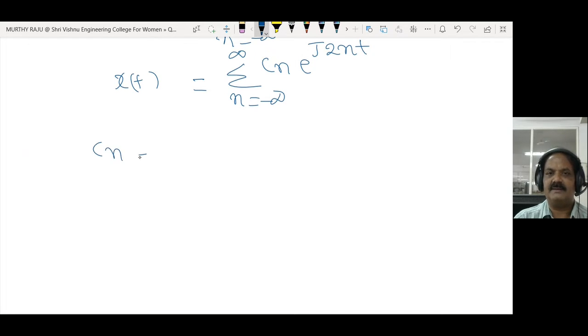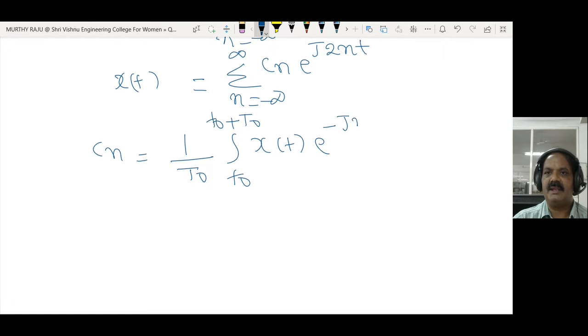Find the coefficient Cn of the exponential Fourier series, and then plot the magnitude response of that function. Cn is equal to 1 by T0 integral from small t0 to small t0 plus capital T0 of x of t e power minus j n omega naught t dt.